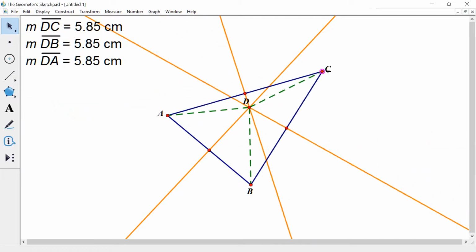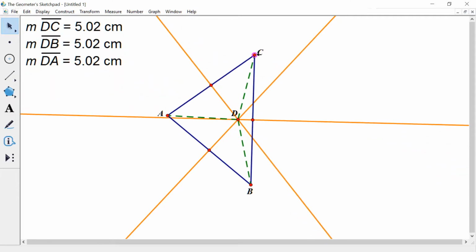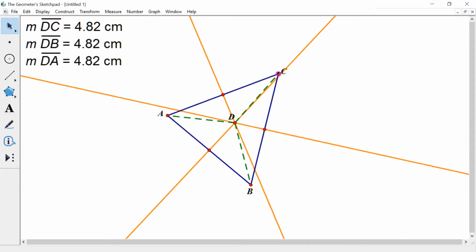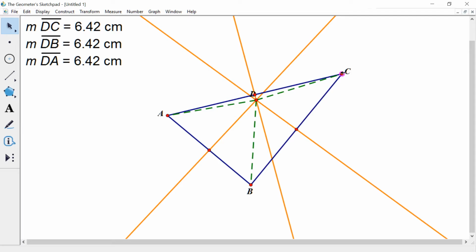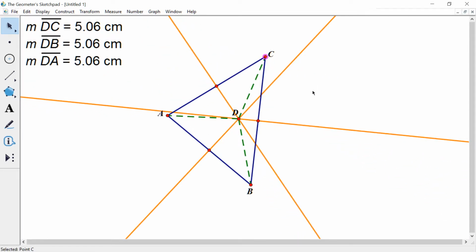Now, I've just claimed that points A, B, and C are equidistant from point D, and that means that A, B, and C would lie on a circle. If they're all equidistant from this point, that means they would lie on a circle at center D and radius AD or CD or BD right there.